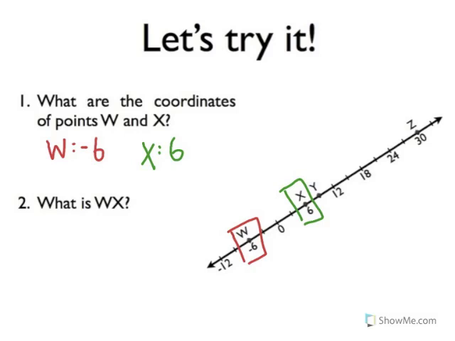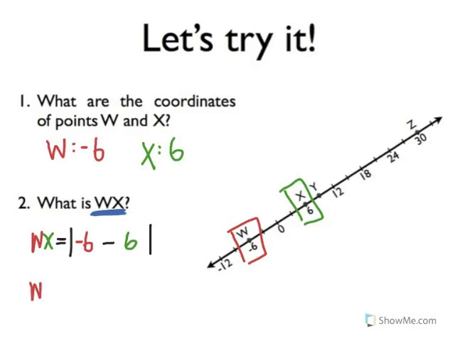I want you to notice here that there is no line segment above WX, no ray, no line itself. So when you see the names of 2 points stuck together like this, what we are talking about is the distance from W to X. So the distance from W to X is the absolute value of the difference of their coordinates, which we just found to be -6 and 6.